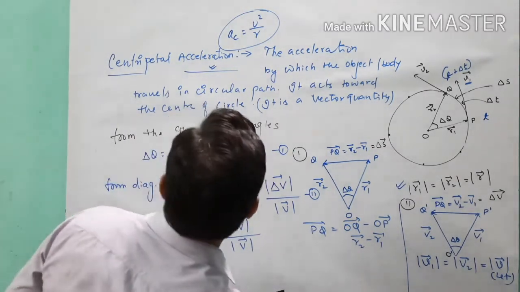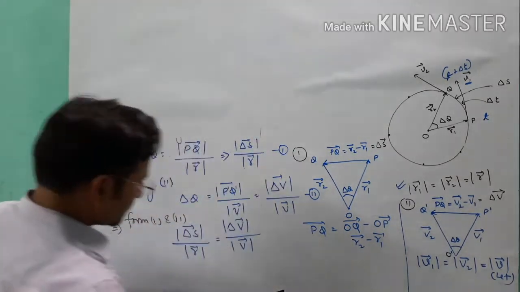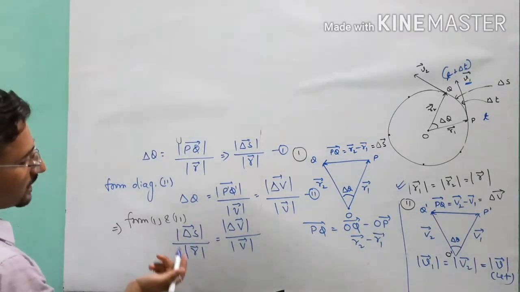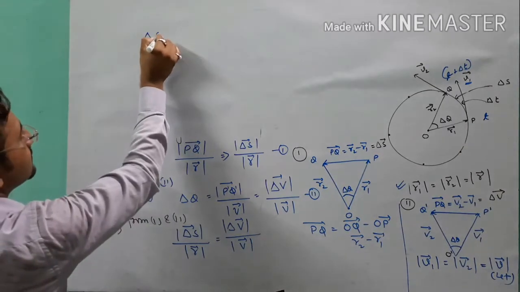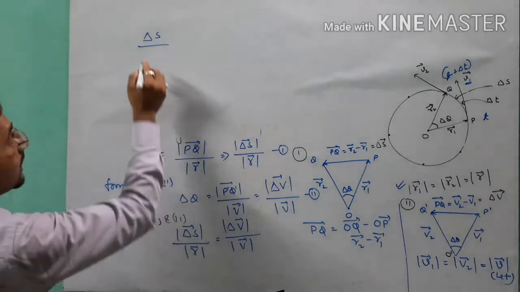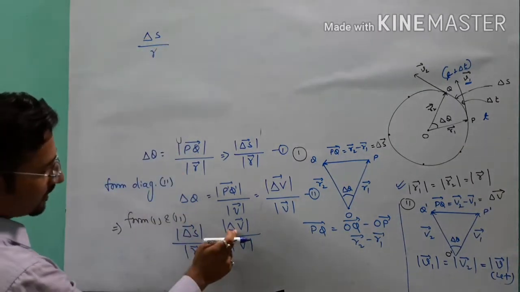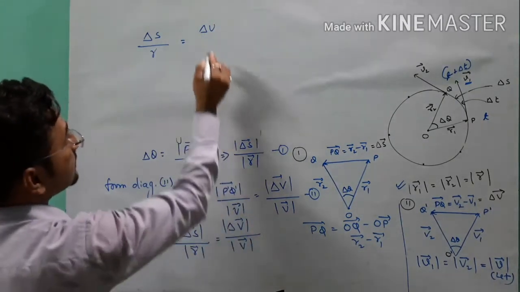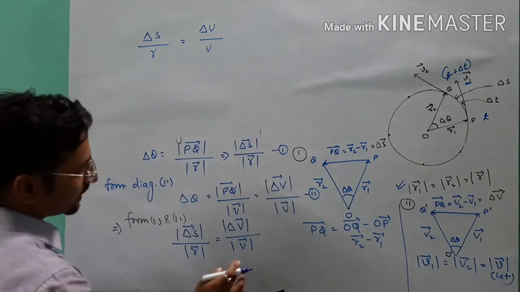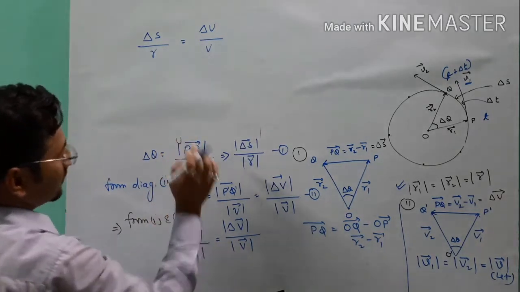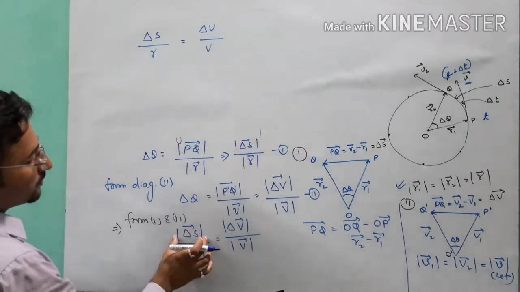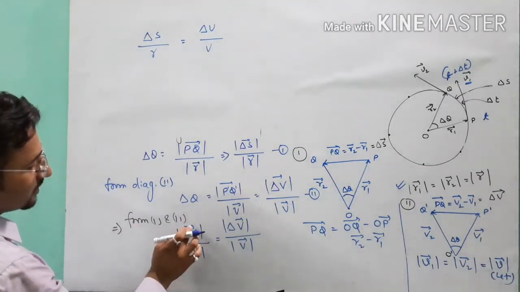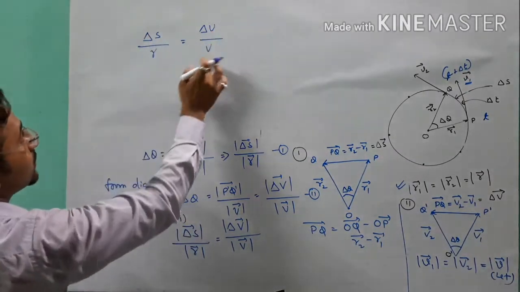So see student, now finally you can write here mod of delta s as delta s, and mod of r as r, and this one is mod of delta v, and this is our v. Point clear student, all things, because after removing the modulus with vector, we can write their magnitude here only.